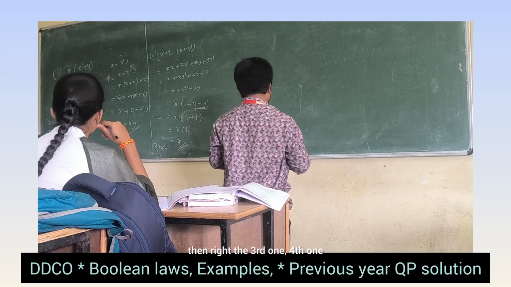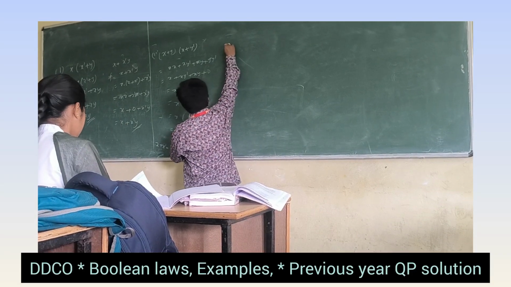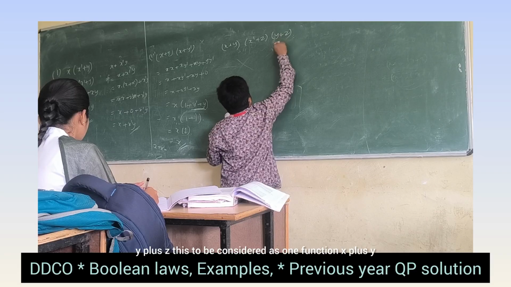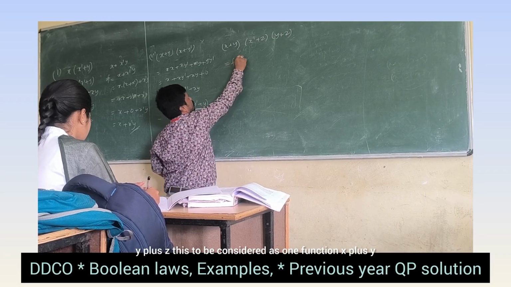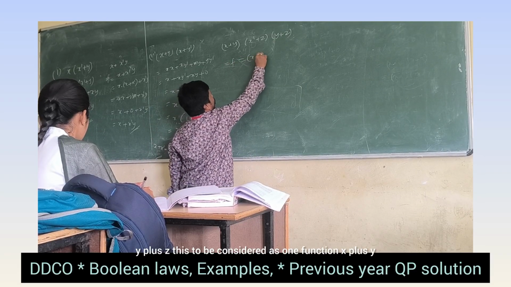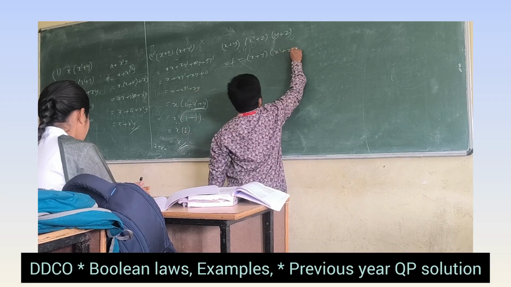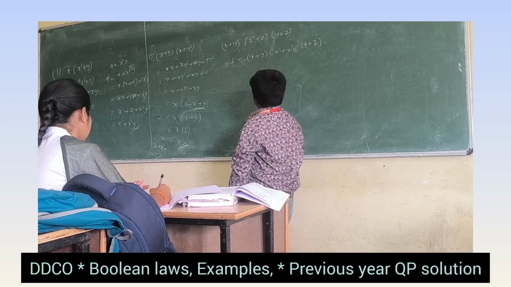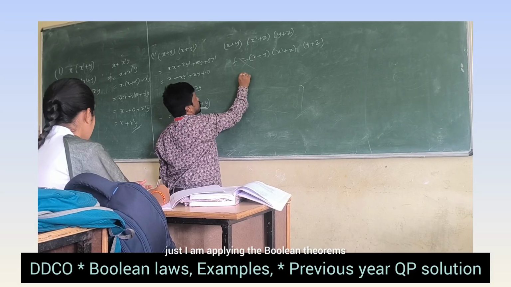Then take the fourth one: (x plus y)(x dash plus z)(y plus z). Consider this as one function. I am applying the Boolean theorems and postulates here.